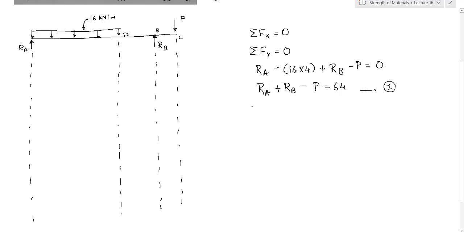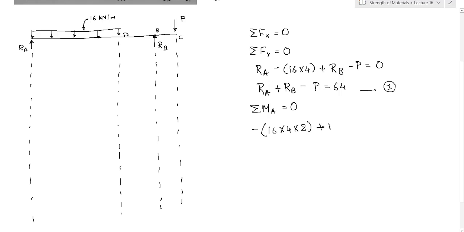Now, similar to this, I can do summation MA is equal to 0. In summation MA, we can assume that this entire uniformly distributed load is acting like a point load at the center, and it will be rotating clockwise. So it will be minus 16 into 4 into 2.